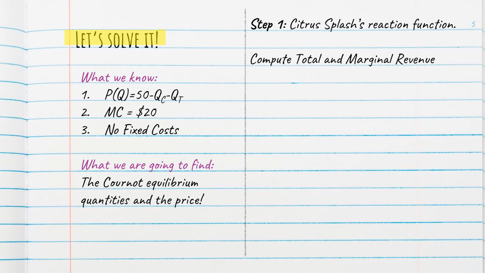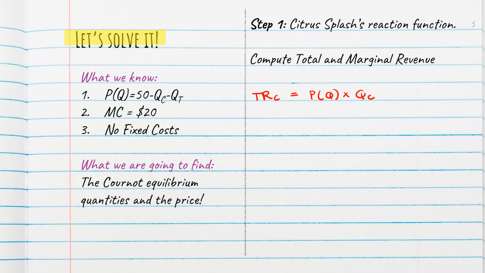Now, I mentioned before that subscripts matter here, so let's take a moment to make sure we understand what's going on. We want to find the total revenue for Citrus Splash, which is going to depend not only on their output, but on the output of their competitor as well. In a general sense, this will be equal to the inverse demand times QC, which is Citrus Splash's output.